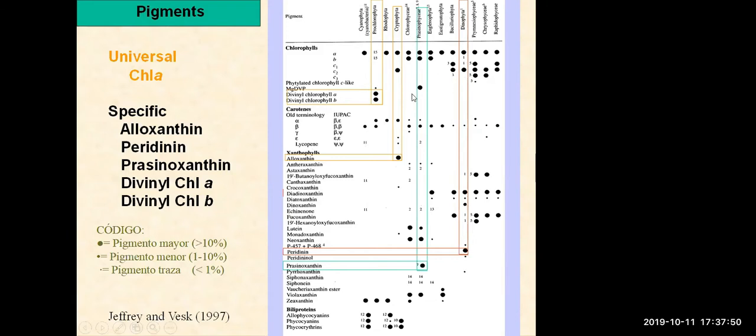That means that the presence of these pigments in some sample indicates that these groups are in the water sample. Other pigments are not exclusive for some groups. They are shared among groups, but they also have a chemotaxonomic value.